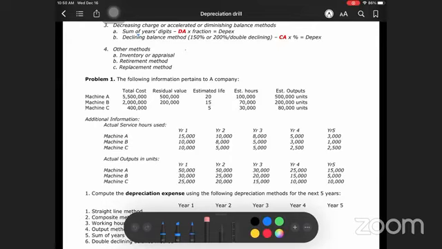Sir, the shortcut part with 13.33, do we round off the decimal in the last period?